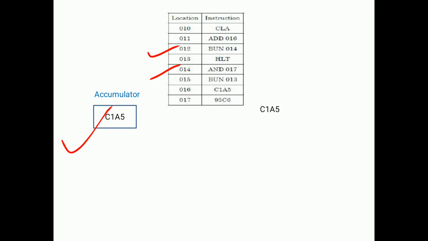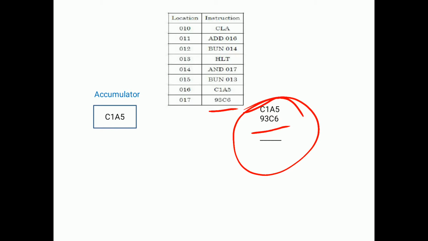It means that we have to perform the AND operation with the content of the accumulator and the content present at location 017. At 017 we have the content 93C6. So the accumulator contains C1A5, and location 017 contains 93C6. Now we have to perform the AND operation.